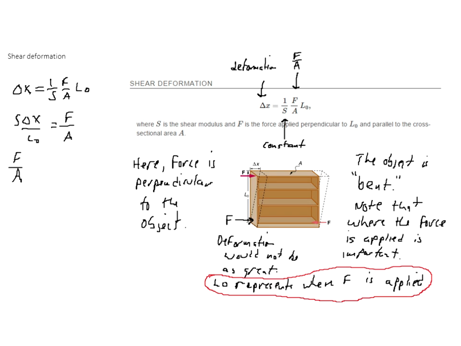F over A can be called stress. And those of you who are familiar with a little bit of physics, note this is also the formula for pressure. And it's measured in, obviously, force units, so newtons per square meter, for example.